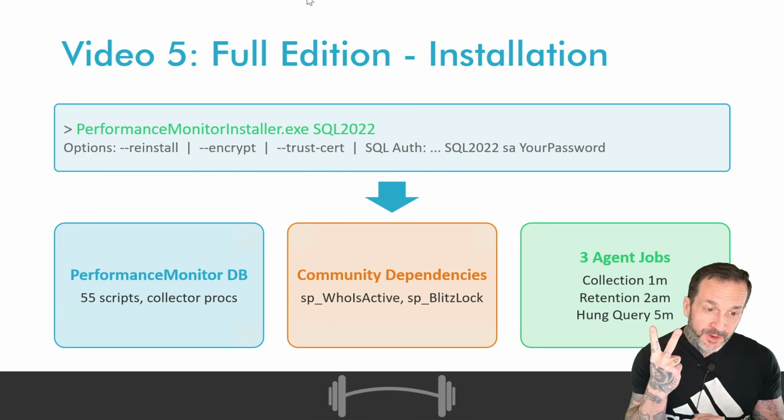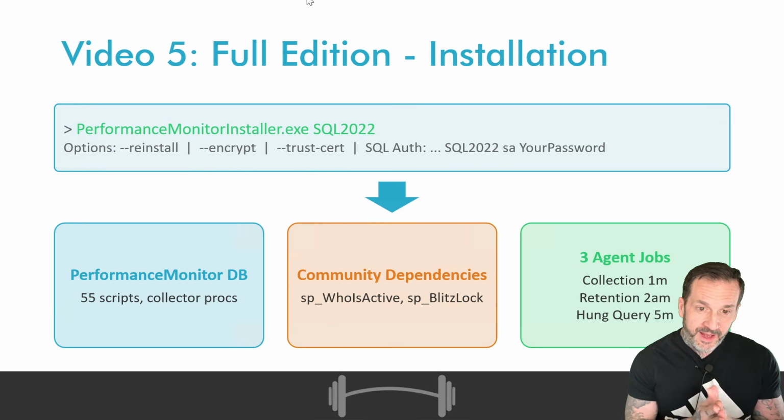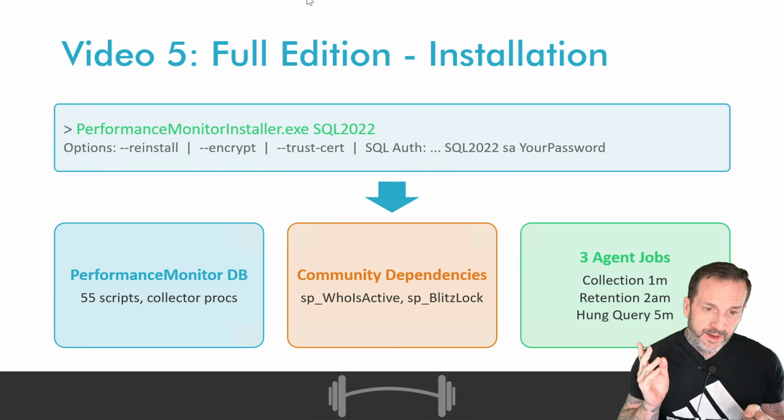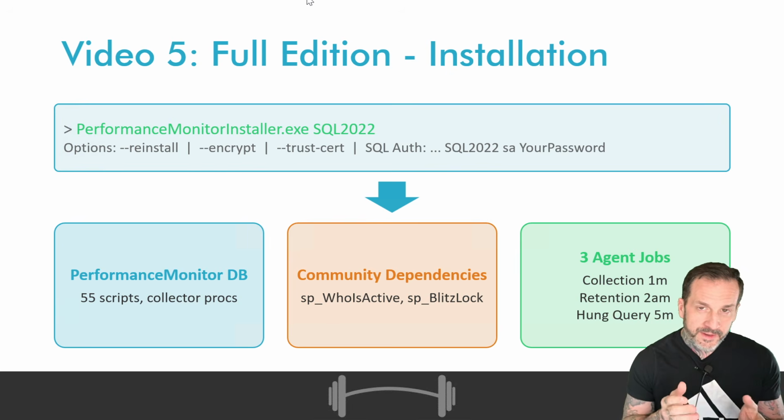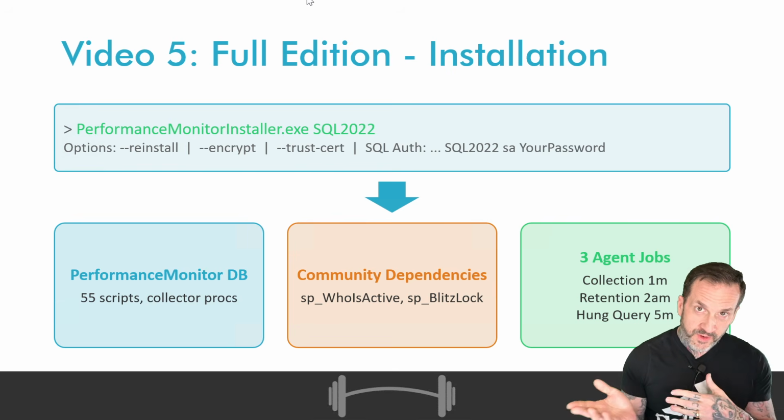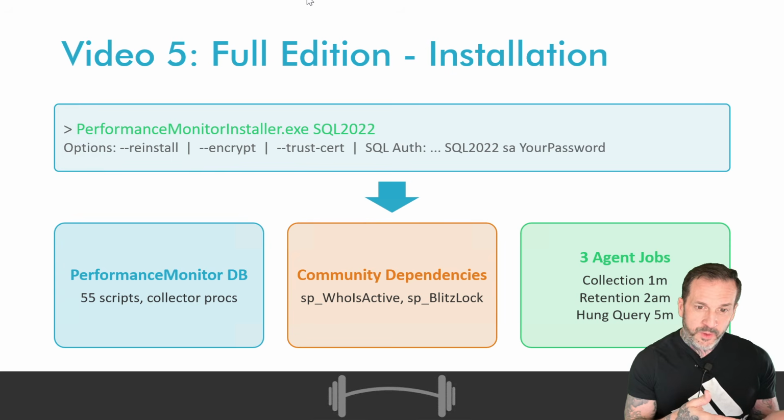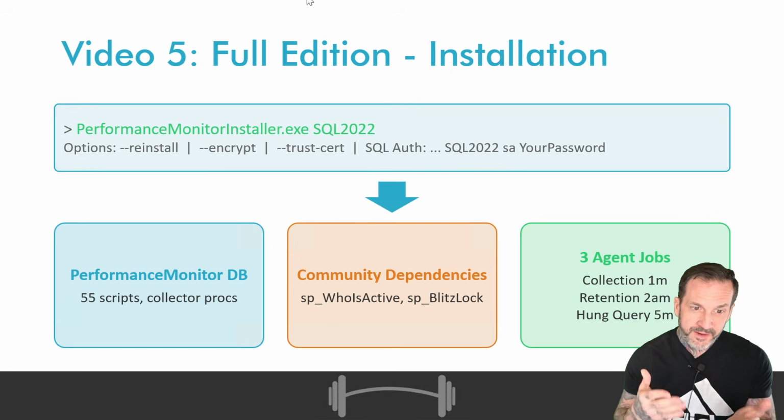So there are two installers. There's a command line installer and there's a GUI installer. That's a graphical user interface. The command line installer has options where you can choose what you want to do. Like you can reinstall, which will drop your old database and make a new one. You can choose your encryption level, right? That's optional, mandatory, strict.